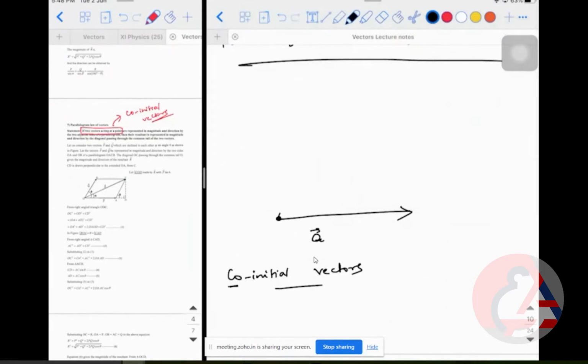Okay. So if two vectors are represented by the adjacent sides of a parallelogram, where both the vectors are acting at the same point, then the resultant of these two vectors is given by the diagonal which is passing through which point?